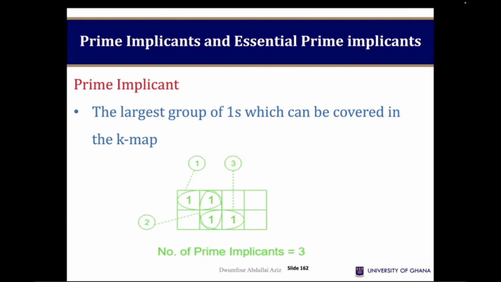So what is the largest possible group that we can form in this K-map?